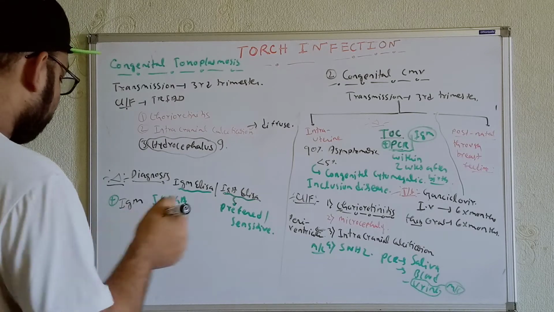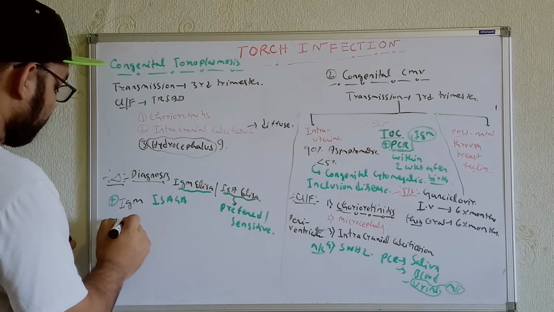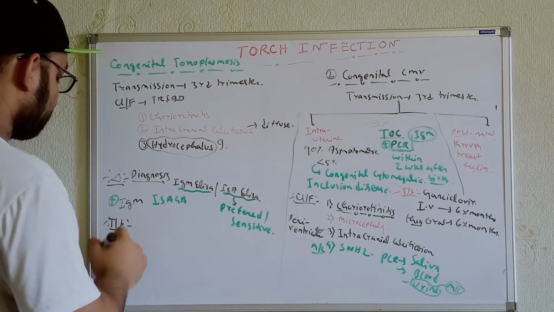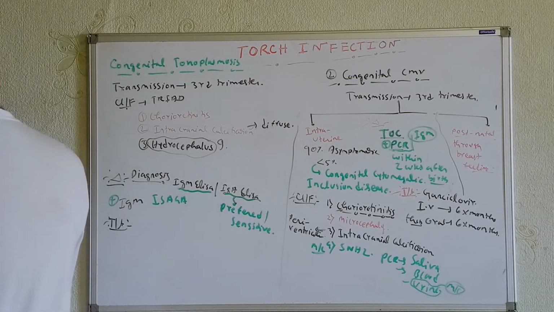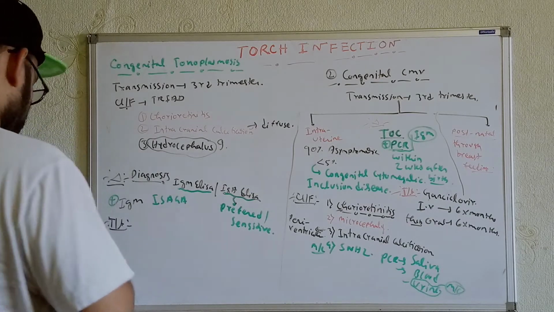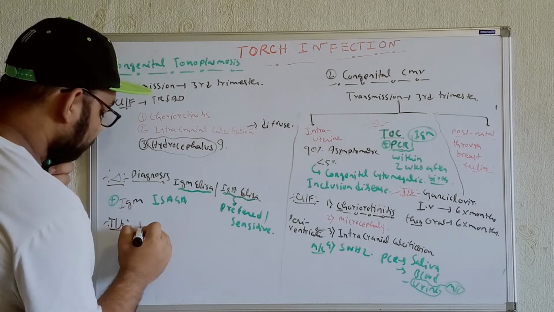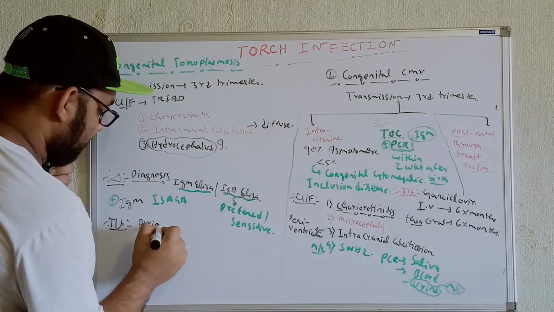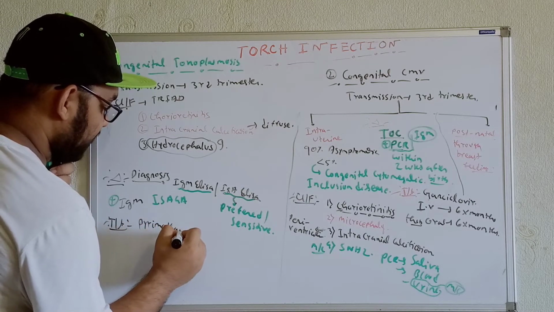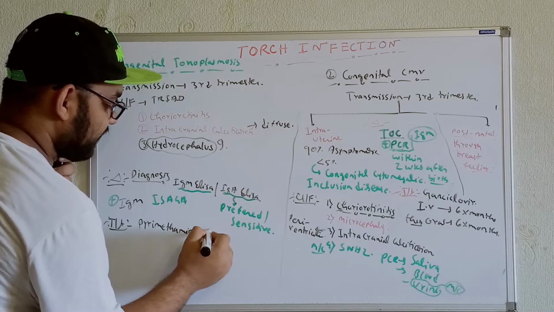Now, for the treatment: whenever we get confirmation that the individual is suffering from congenital toxoplasmosis, we can use pyrimethamine plus sulfadiazine.